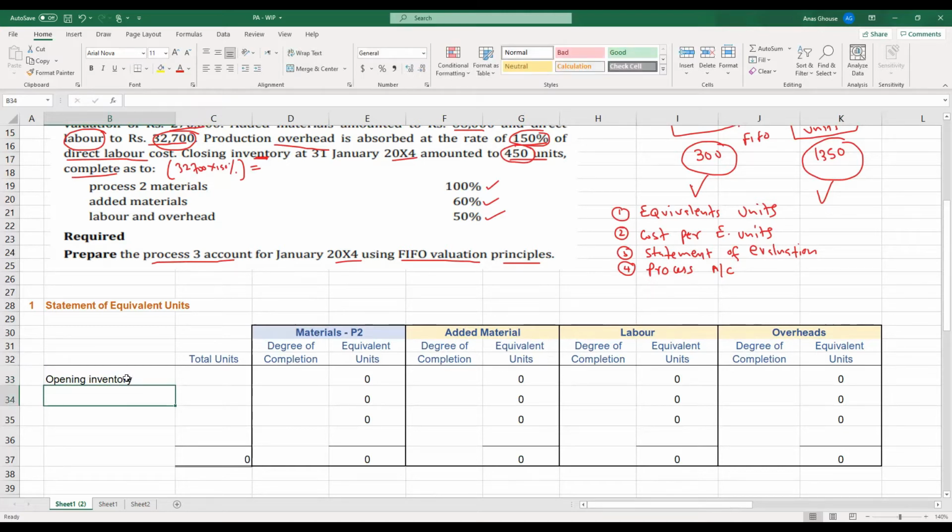Then we'll take the fully completed units during process 3, then the closing inventory.